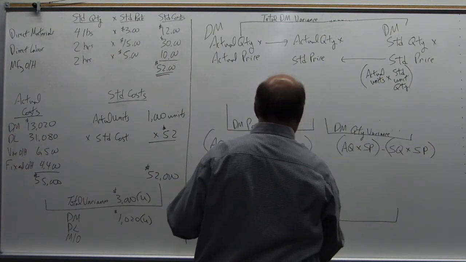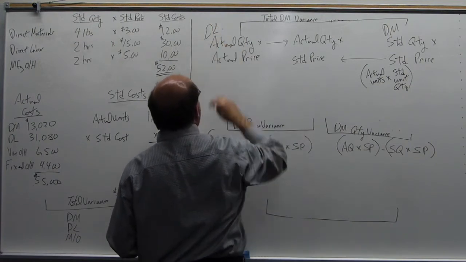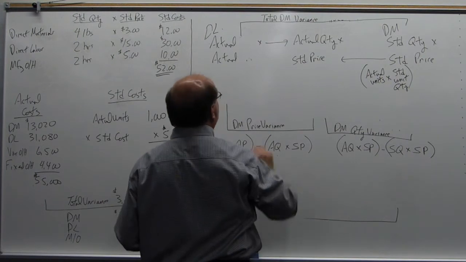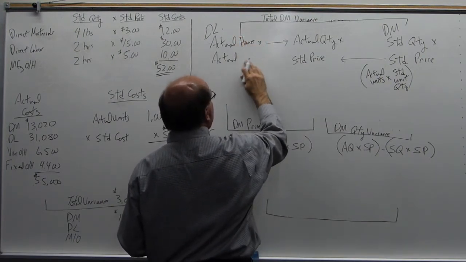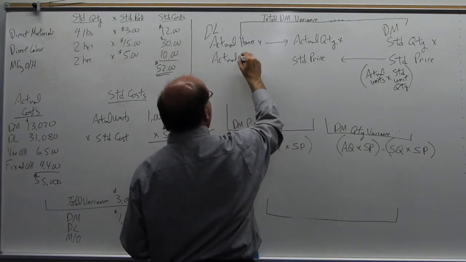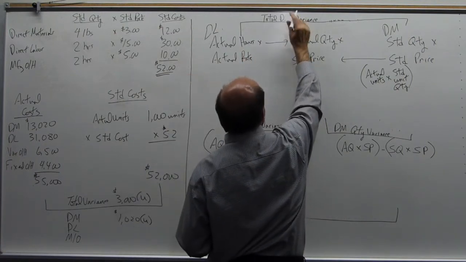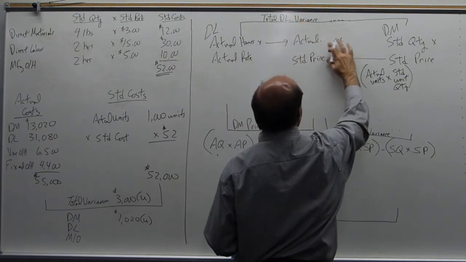So instead of direct materials, now we're doing direct labor. And instead of actual quantity, it's actual hours. Instead of actual price, it's actual rate. And so this is going to be direct labor, DL. This is going to be actual hours.